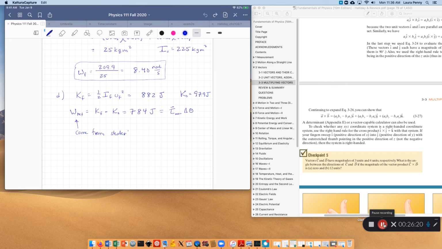Oh, goodness gracious. Pulling force allowed them to speed up, to move in at a smaller radius. That would have actually been difficult for them to pull in, and that increased pulling force produced a net torque, which produced the change in the kinetic energy.